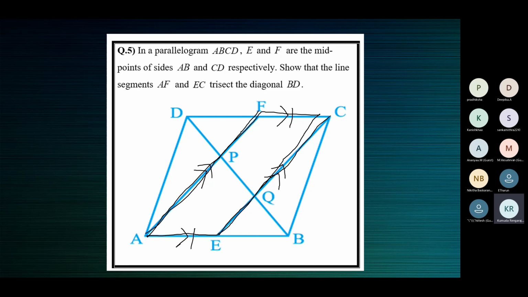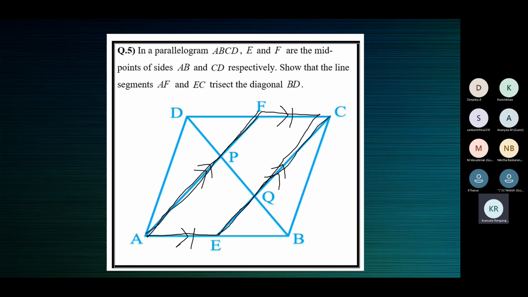Now AF is parallel to EC because AECF is a parallelogram. Now all the properties of a parallelogram can be seen in AECF because we proved it's a parallelogram. So the other pair of opposite sides are also parallel now because it's a parallelogram. We did not prove AF is parallel to EC, but we proved that the quadrilateral is a parallelogram.